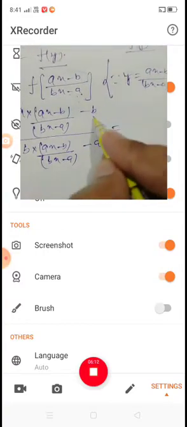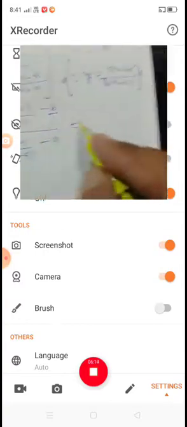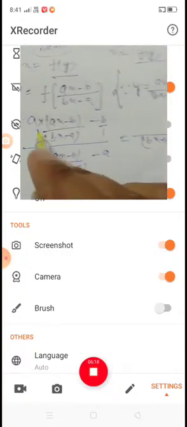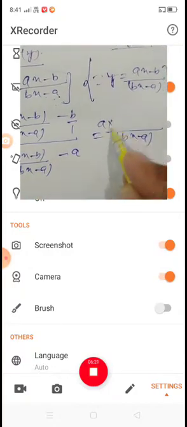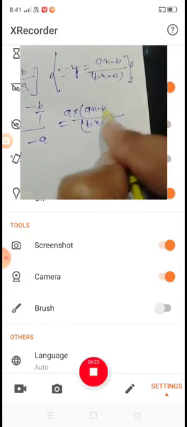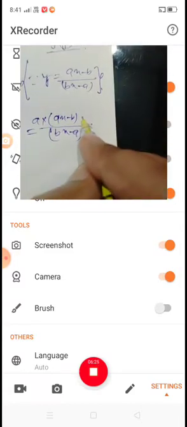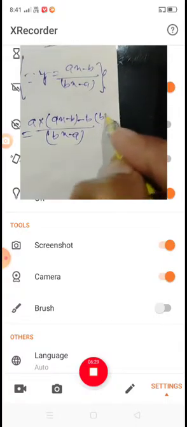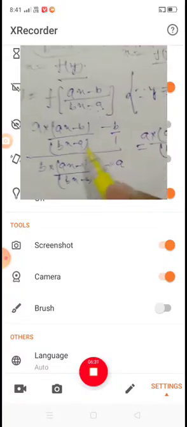Here we take LCM bx minus a. In the numerator we take LCM bx minus a, so we have a into (ax minus b) minus b into (bx minus a), upon bx minus a.